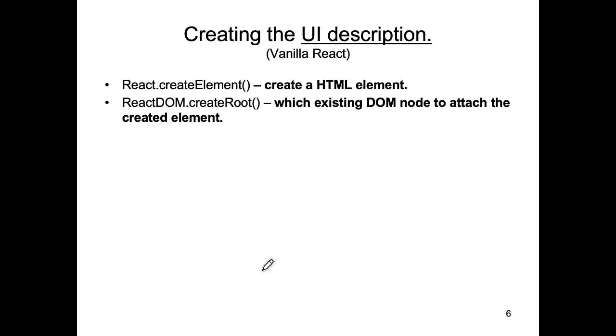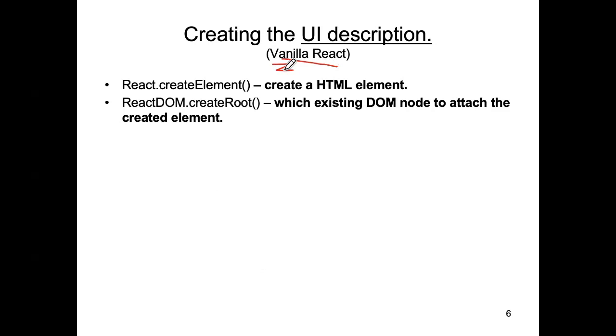What I'm going to be showing you, first of all, is what I'm calling the vanilla React approach towards coding up the UI description part of a component. But we never like writing vanilla code. I think it's worthwhile for you to be aware of what vanilla React looks like, because at the end of the day, that is what the browser executes.